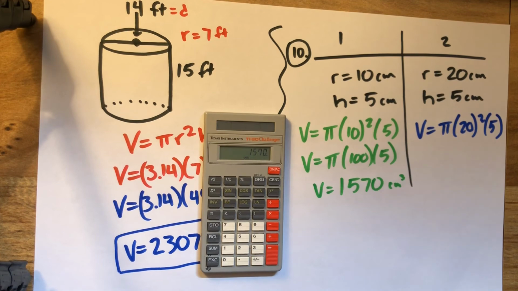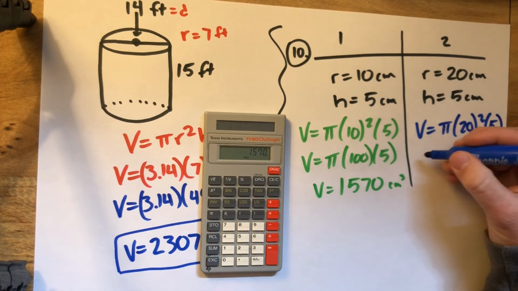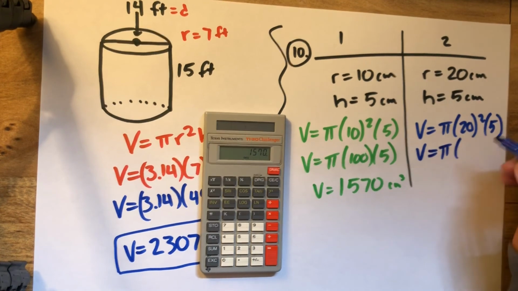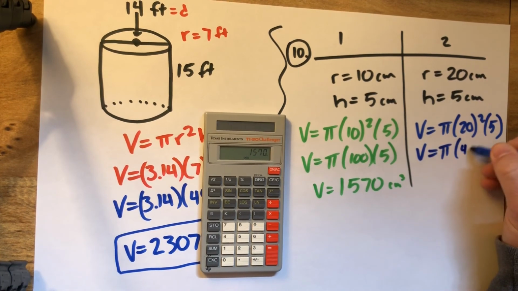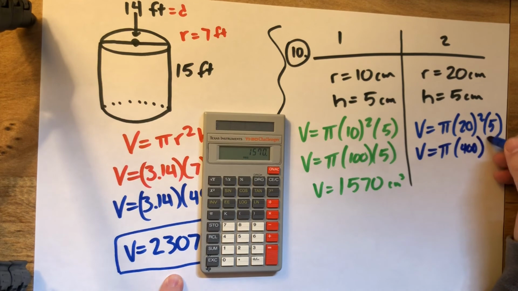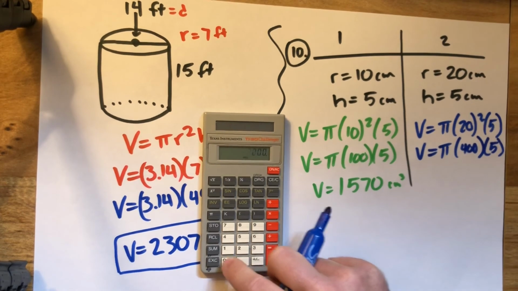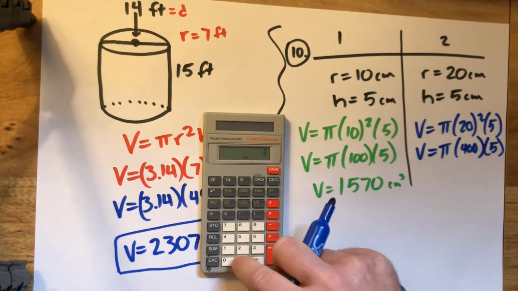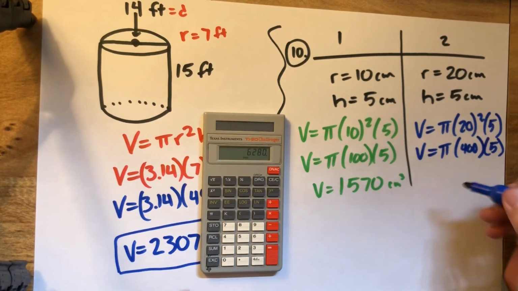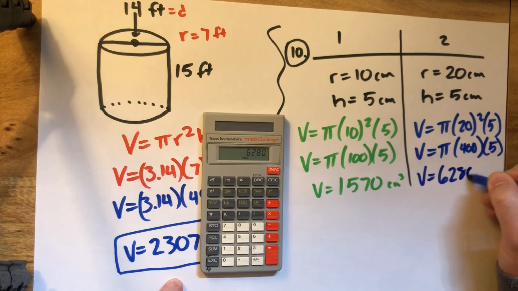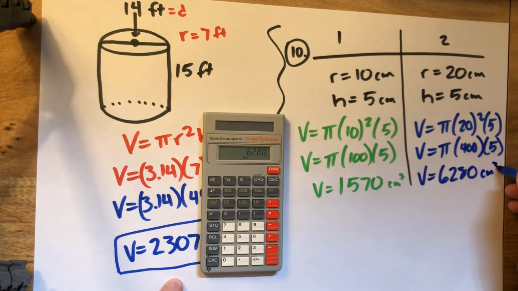Let's find the second one. If we go volume equals pi times 20 squared, which is going to be 400, times 5. 400 times 5 would be 2,000. So if we go 2,000 times 3.14, that's going to be 6,280 cubic centimeters.